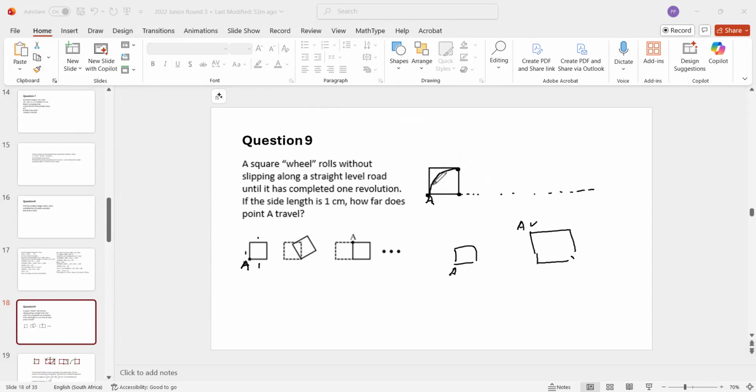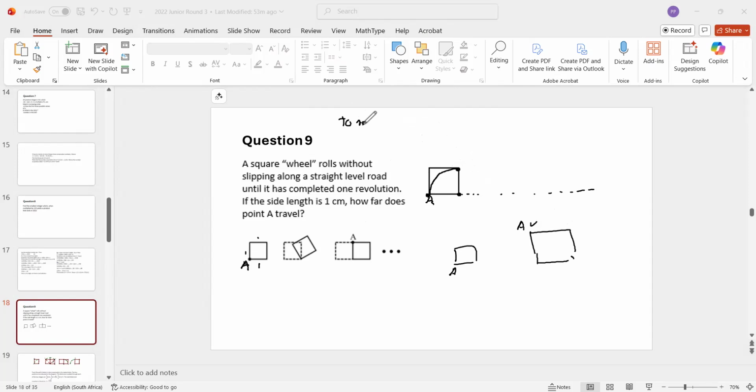So we need to calculate this length, because this is how far the point A travels.